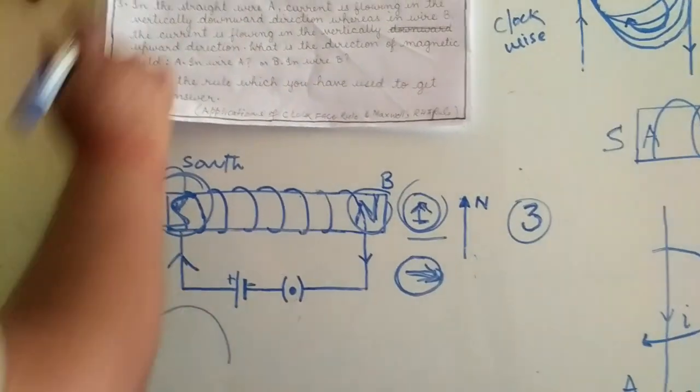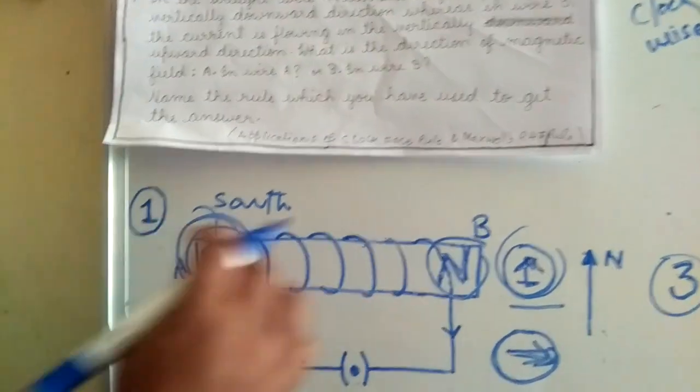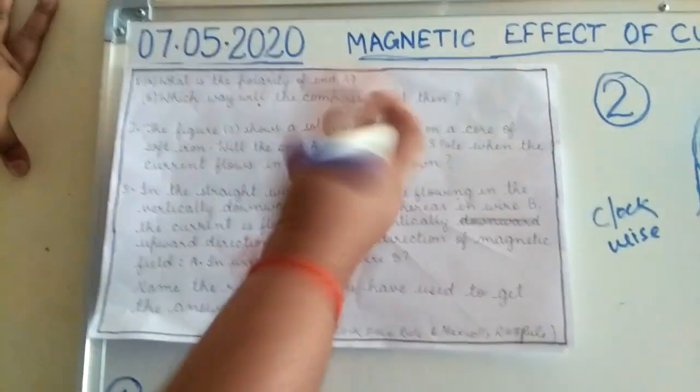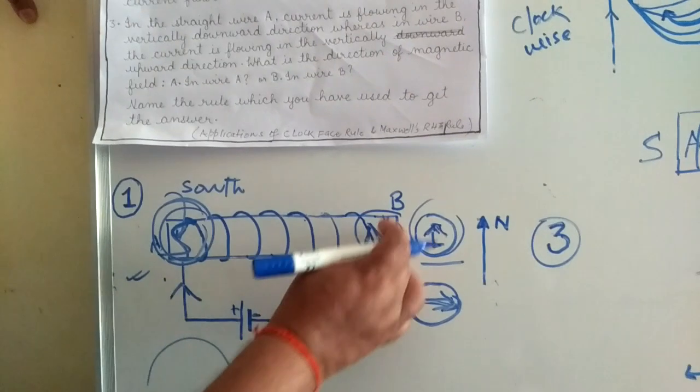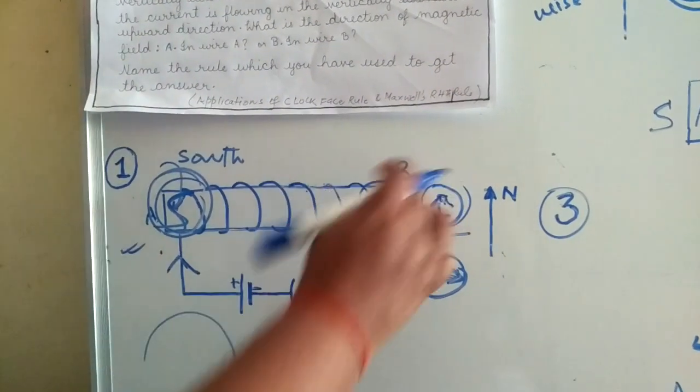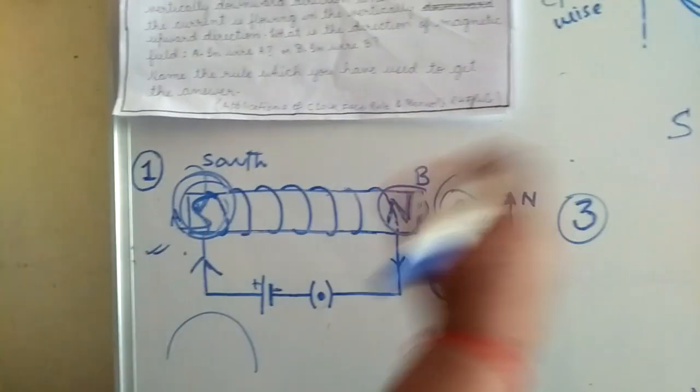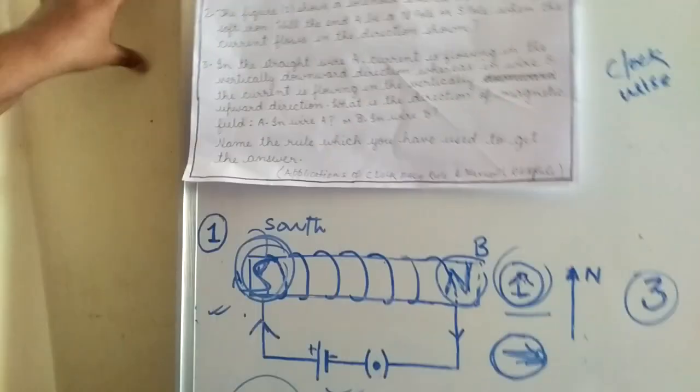So the polarity of A is south according to the clock face rule, and the compass moves away from the north pole because both are north poles, so it repels.